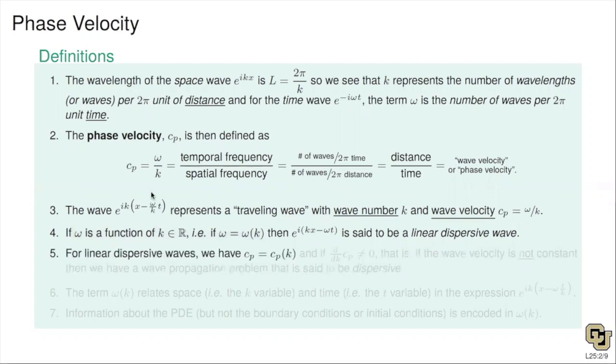And for a linear dispersive wave, the phase velocity is purely dependent on the wave number, the physical frequency value. Here the phase velocity is omega over k, and if we assume omega is a function of k, then the numerator will be a function of k, the denominator will be a function of k, so the entire phase velocity will be a function of k.